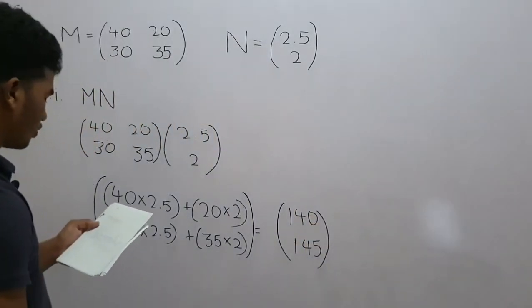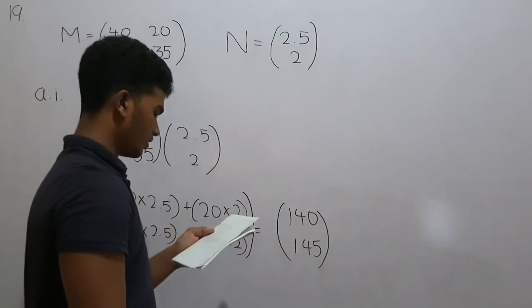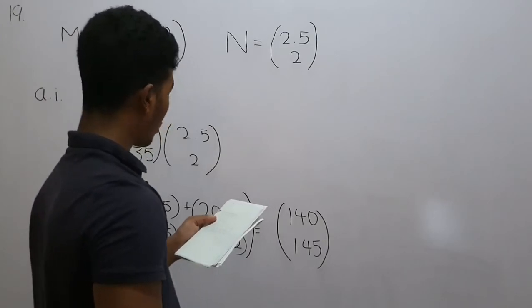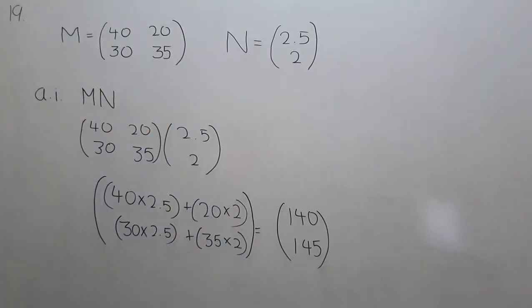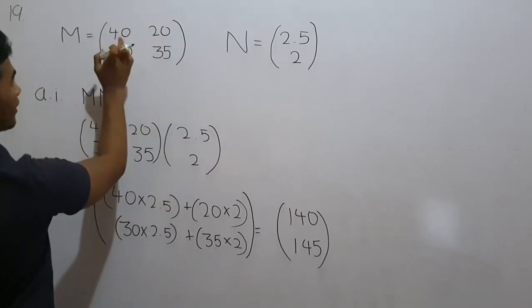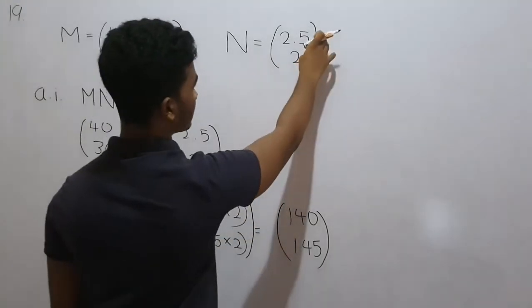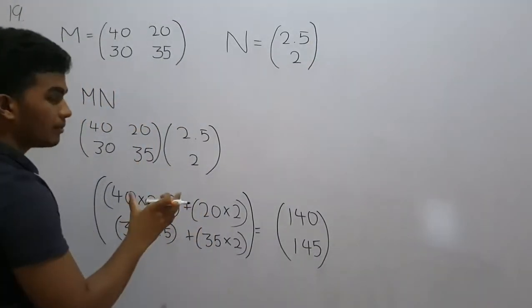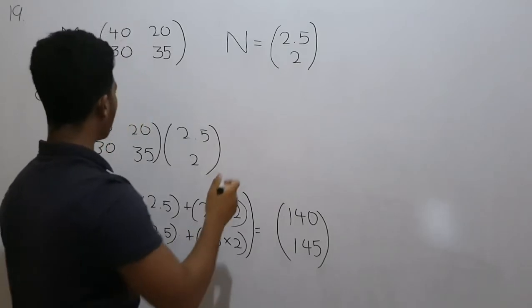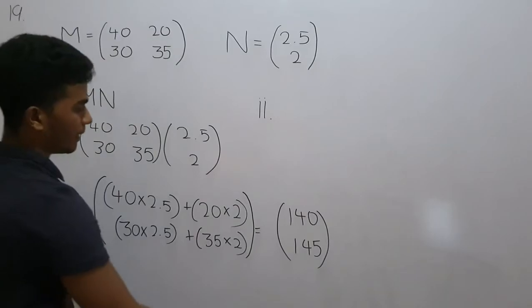Then Roman numeral 2, they are asking to explain what the numbers in your answer to part A, Roman numeral 1 represent. So it was the total Monday and Tuesday adults and children and the prices of the tickets. So those two are being multiplied. What do you think the matrix MN is?